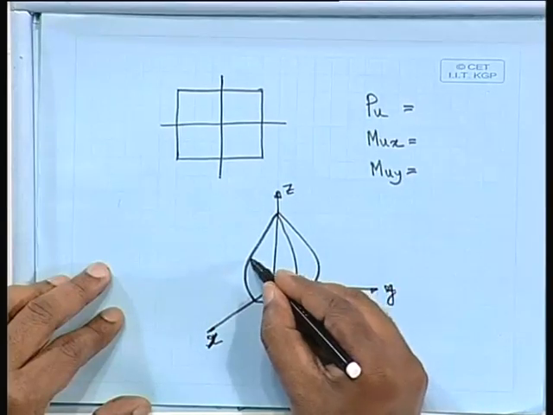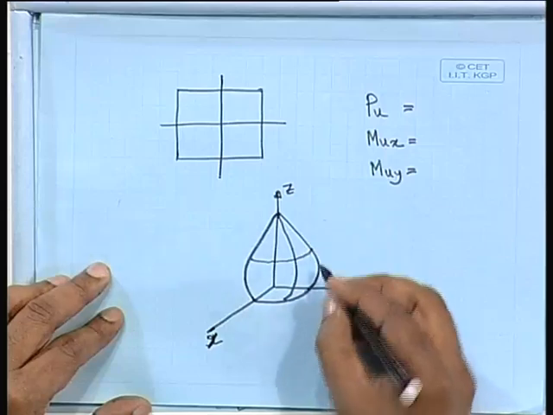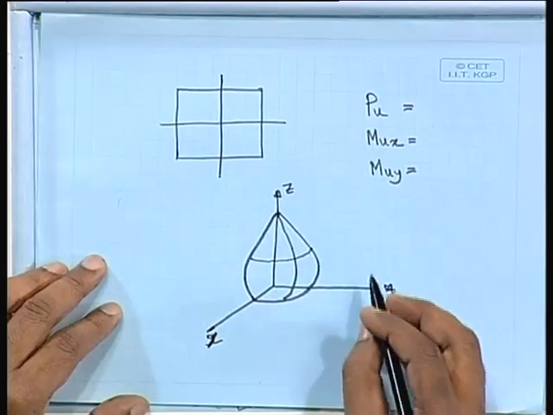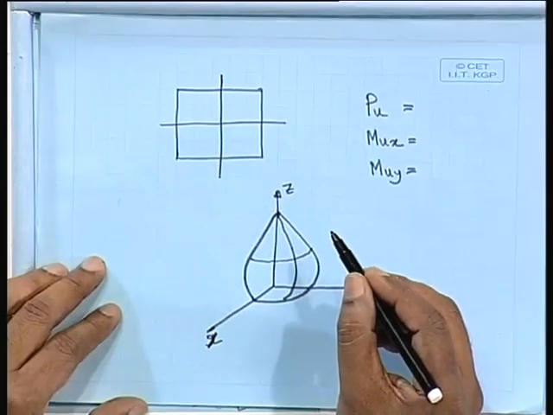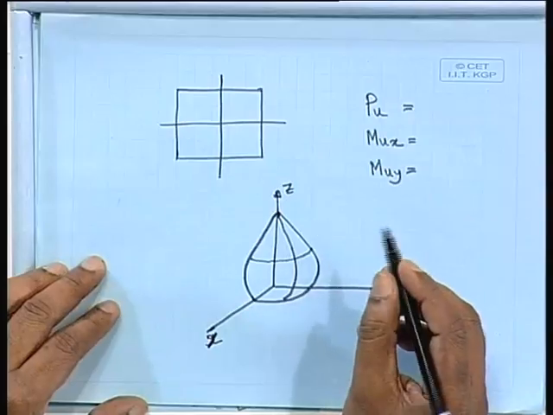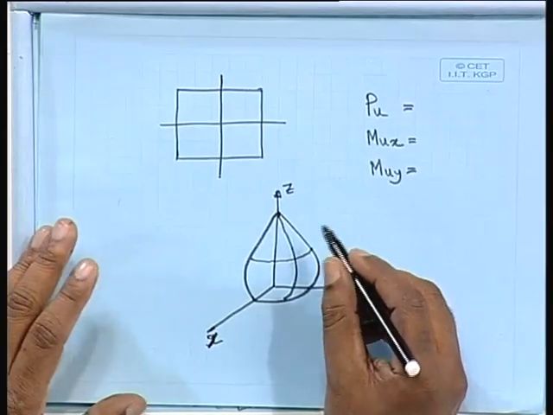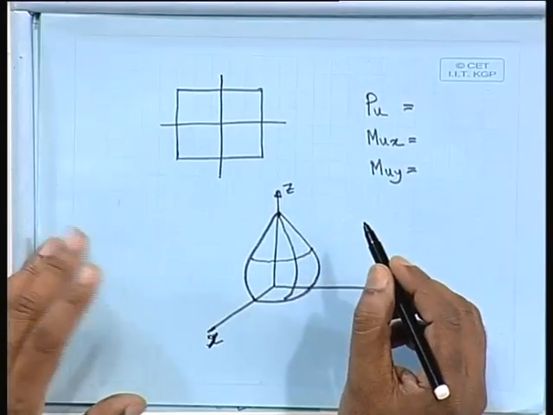So, the curve may be something like this. I am talking in 3 dimensions. When I am talking about this particular interaction diagram, it is difficult to get in 3 dimensions.